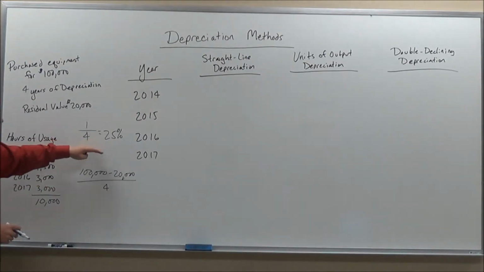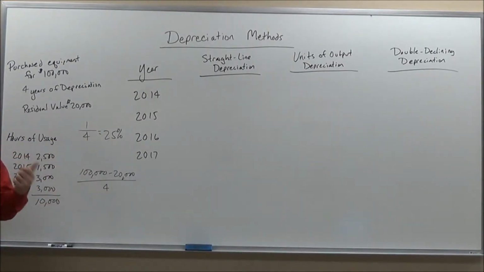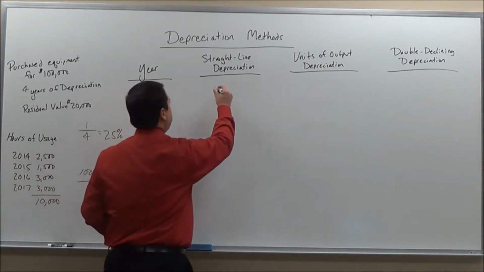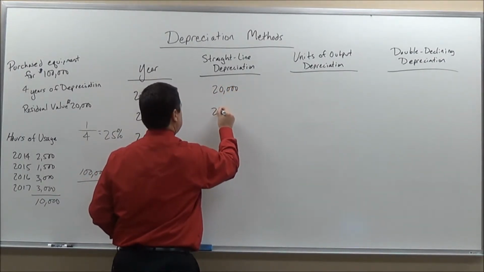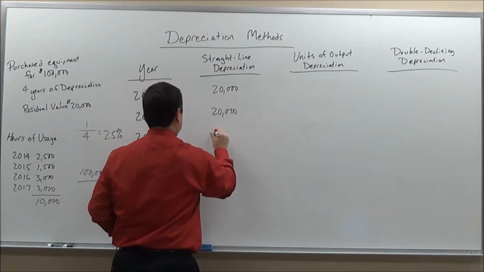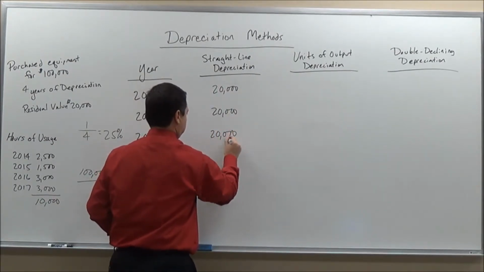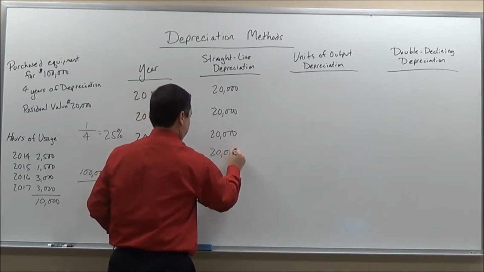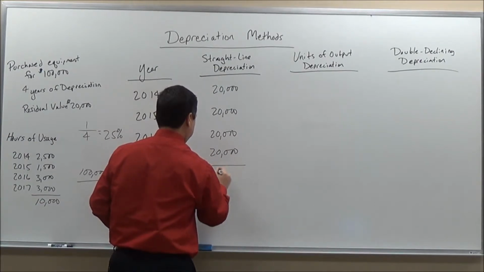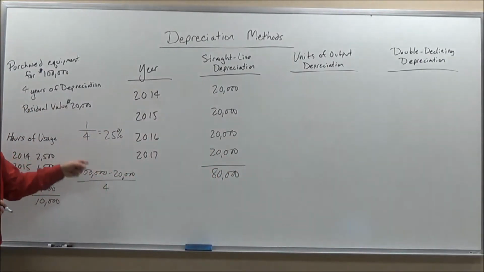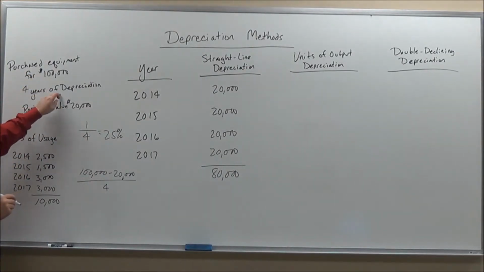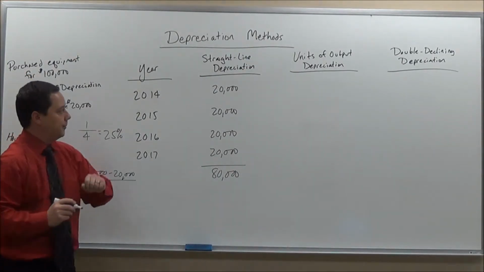And if I multiply the 80,000 by 25%, that also gives me 20,000 per year. So that's my depreciation for each of these years, $20,000. Fairly simple. And that gives me a total depreciation of $80,000, which equals my equipment minus my residual value.